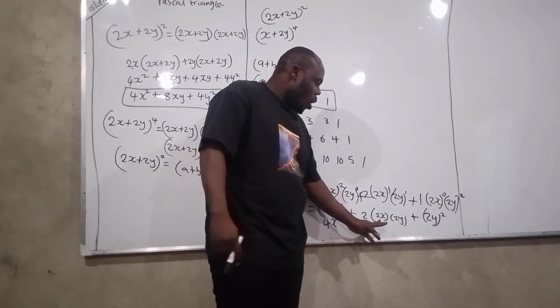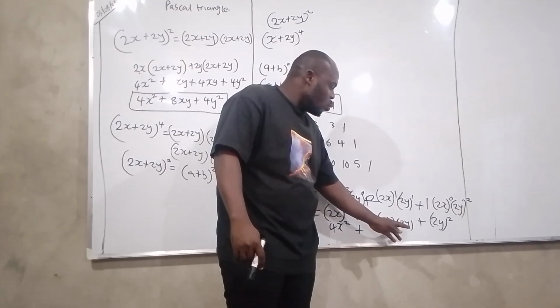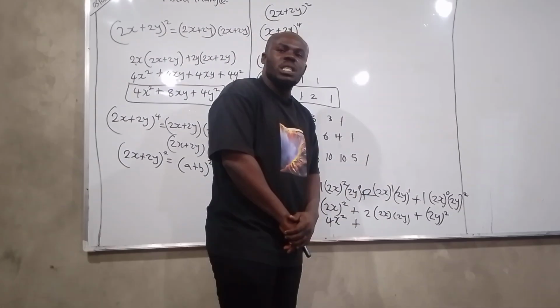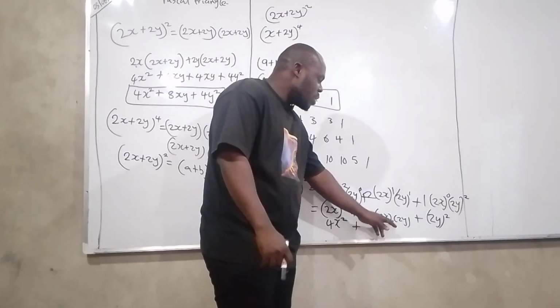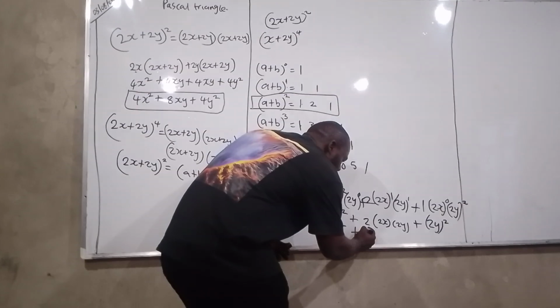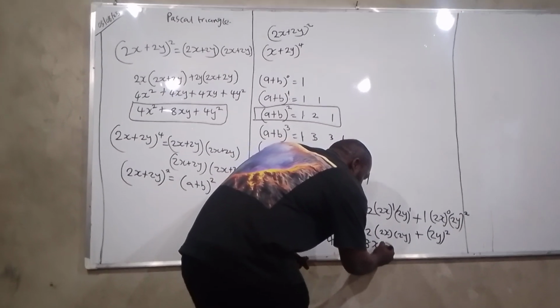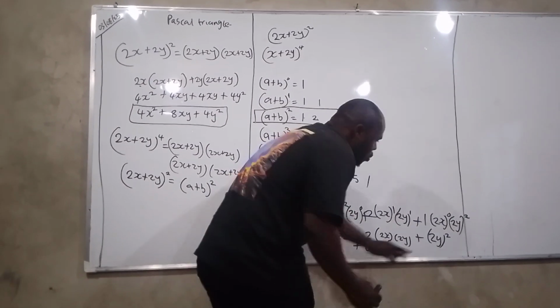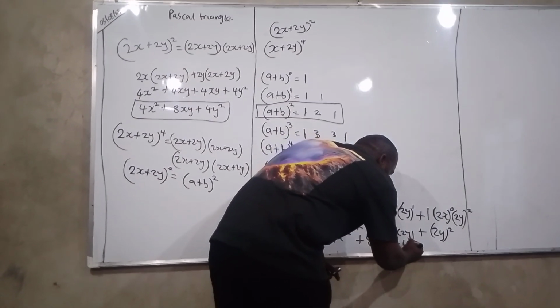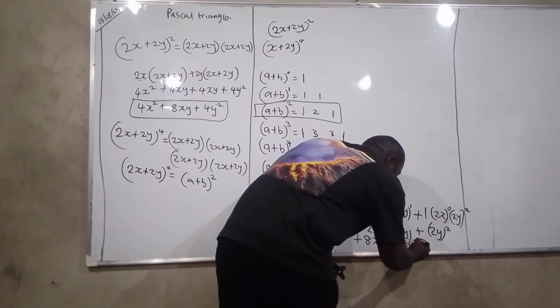Coming back to the other part, 2x multiplied by 2y is 2 multiplied by 2, which is 4xy. Then when you multiply by the 2 outside, it becomes 8xy. Plus your (2y) squared, 2 to the power of 2, becomes 4y squared.